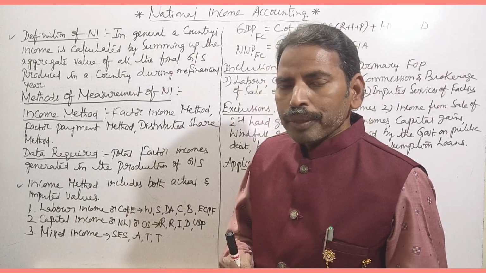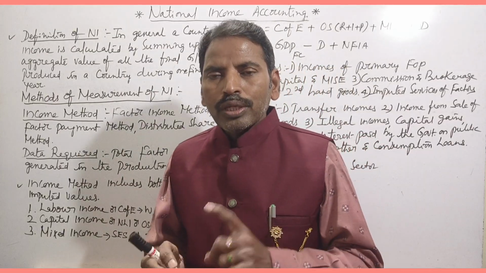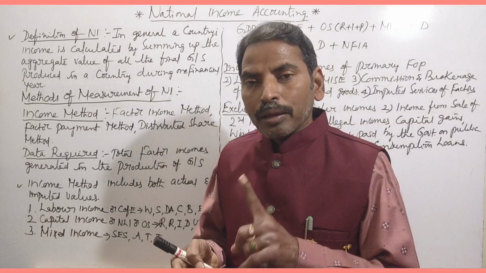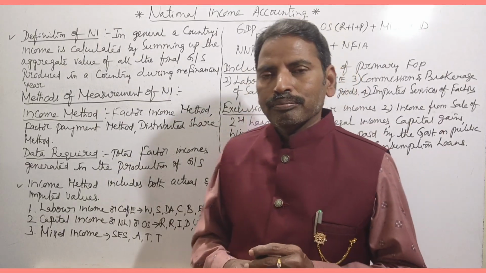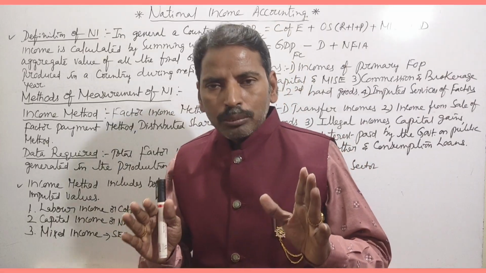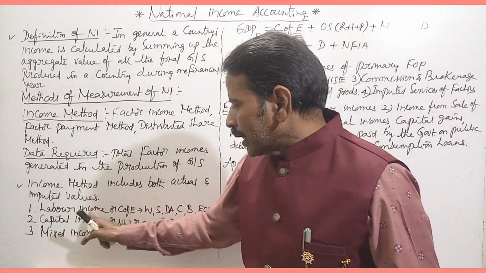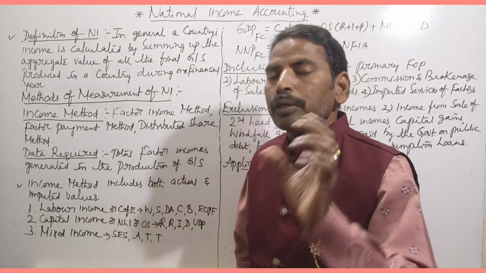Here income is of three types. One is labor income, second is capital income, third is mixed income. First, what is labor income? Labor income is also called compensation of employees.